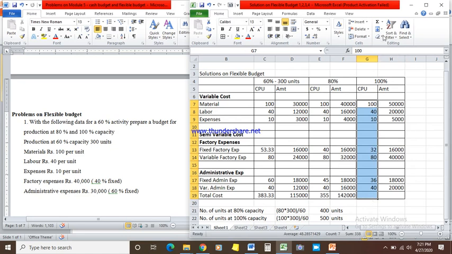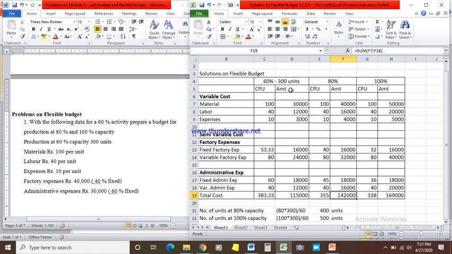Now if you take the total of all these, you get 338. The total comes to 1,69,000. So which means as we increase the production quantity, the per unit cost comes down, whereas the total cost will increase.